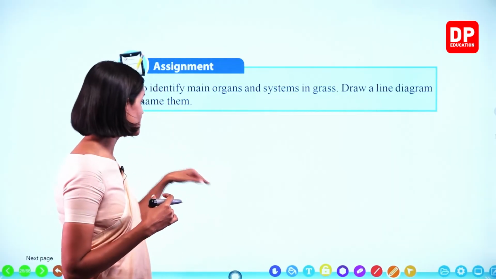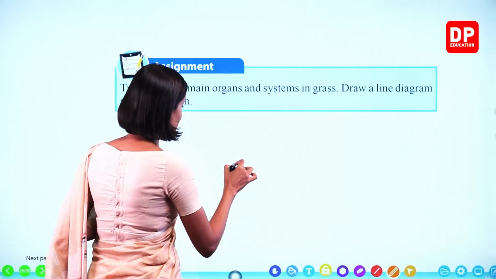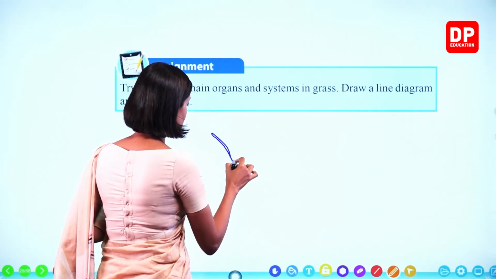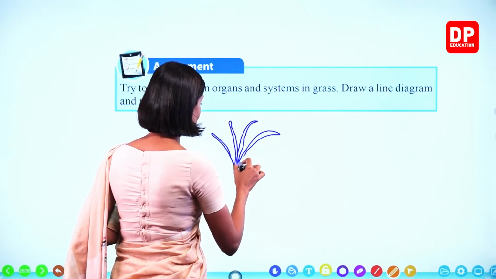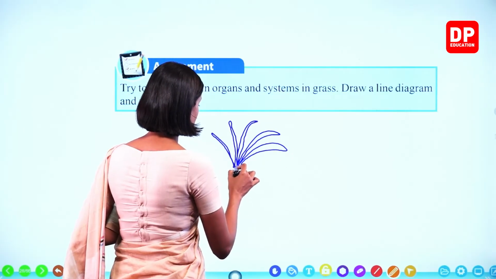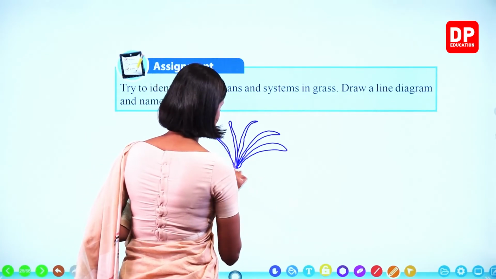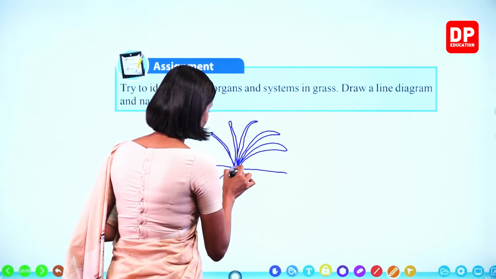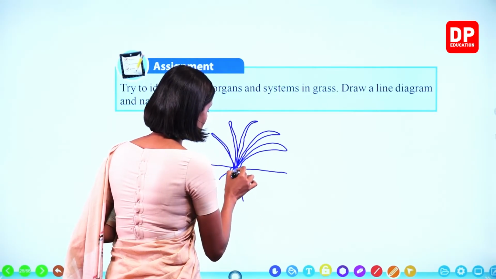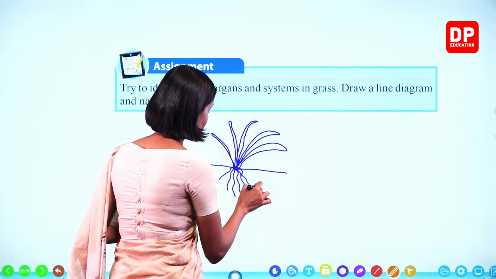Shall we draw here what we saw in the lab? So when you consider the grass plant, basically above the ground, all the leaves are present like this. When you consider the underground part, the roots arise from the same place.